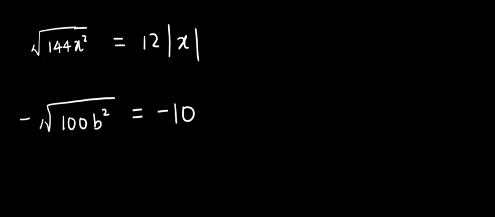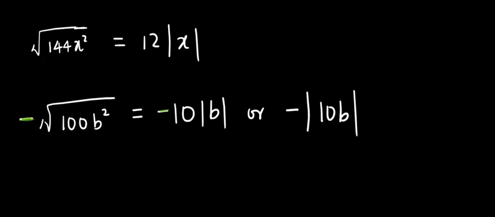Because that's from 100, the negative is there. The negative is right here, so we remember to keep the negative. And when b comes out, b needs to have absolute value. Or you can write this: negative absolute value of 10 and b inside this absolute value.